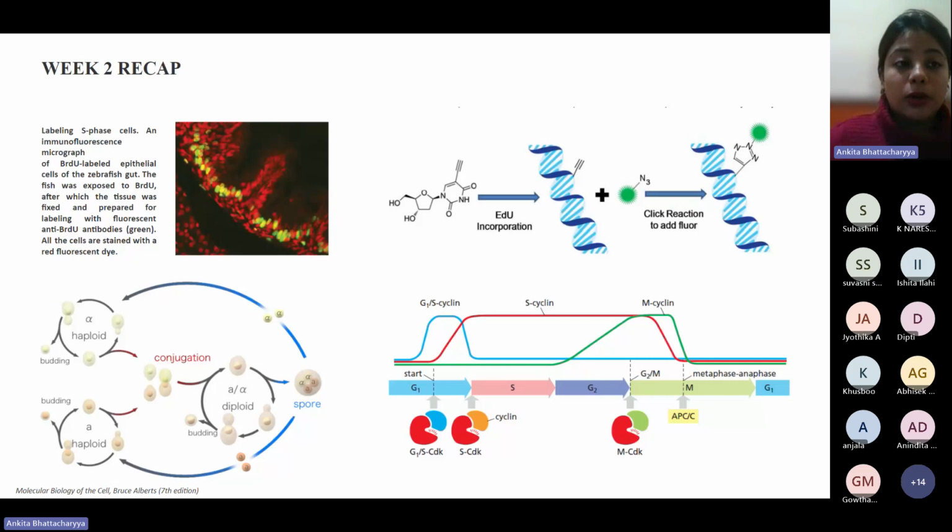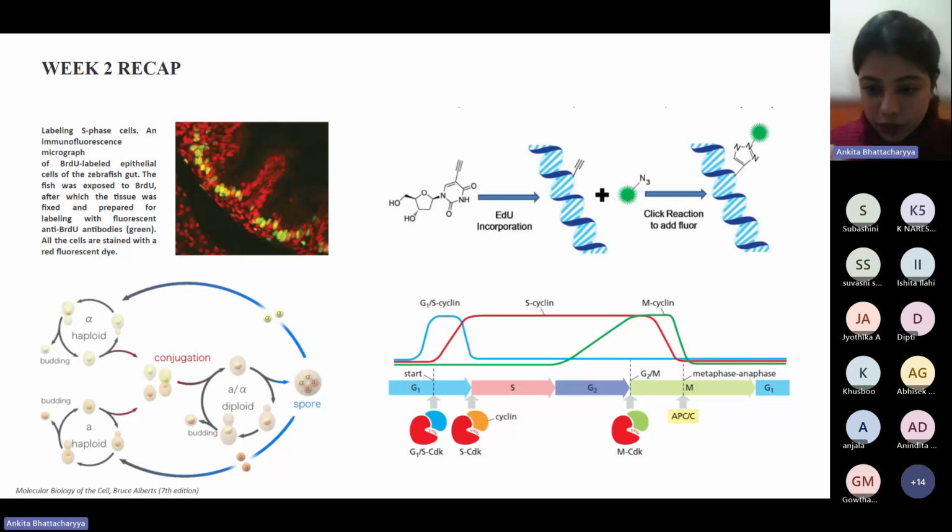Versus when we talk about staining techniques that involve something known as BrdU. You can see this image on the left, which shows the number of cells that are currently in the S phase. This is BrdU-labeled epithelial cells of the zebrafish gut. Zebrafish is a very commonly used animal model for study.